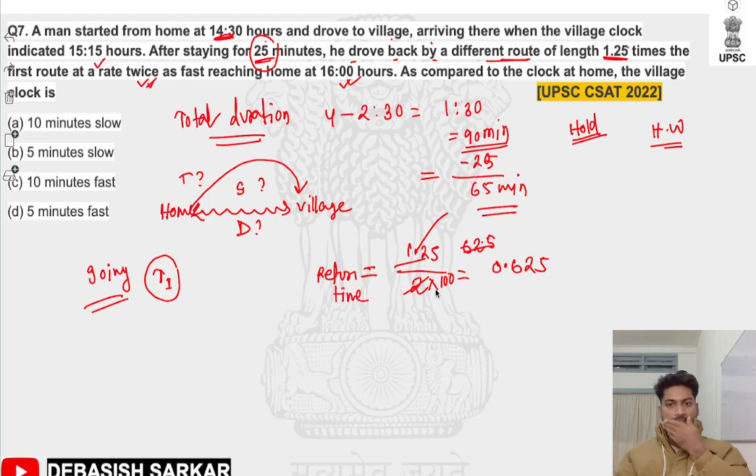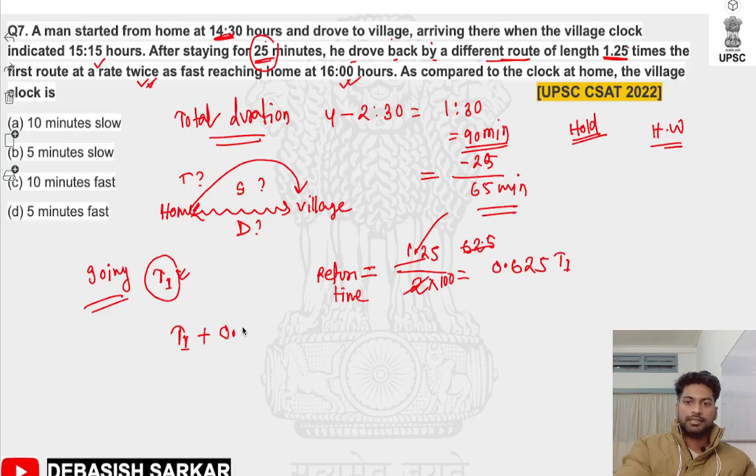This is not the answer for the time, though. While going they are taking t1 time, while returning it's taking 0.625 times t1. So while going t1, while returning 0.625 t1, and the total time for traveling was 65 minutes.